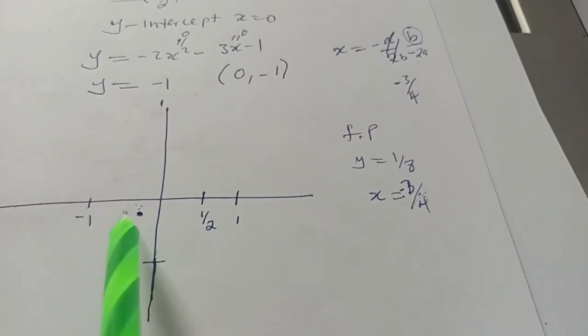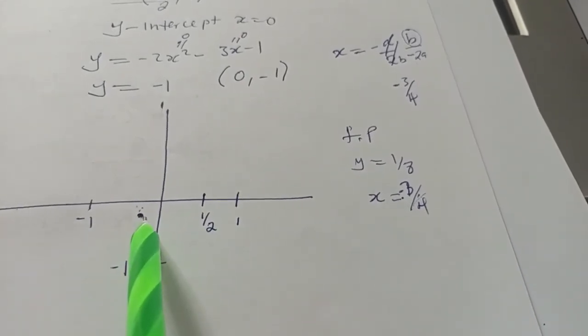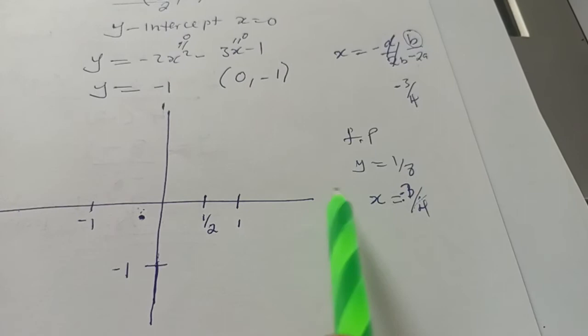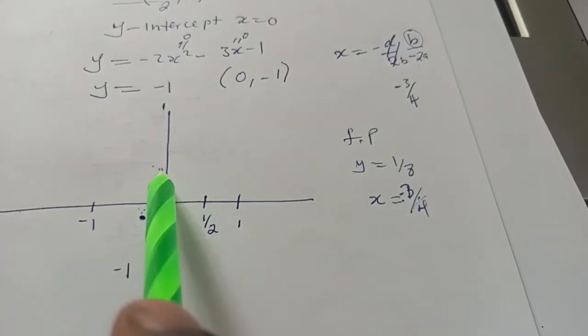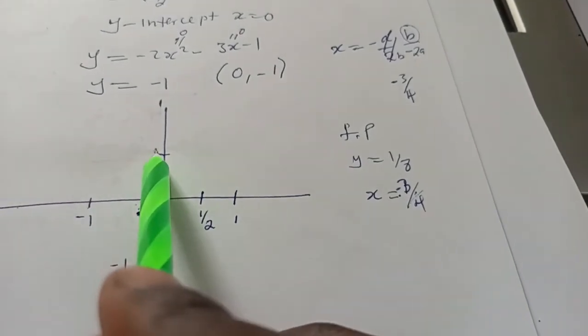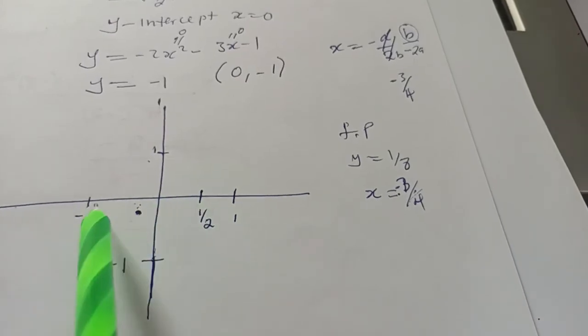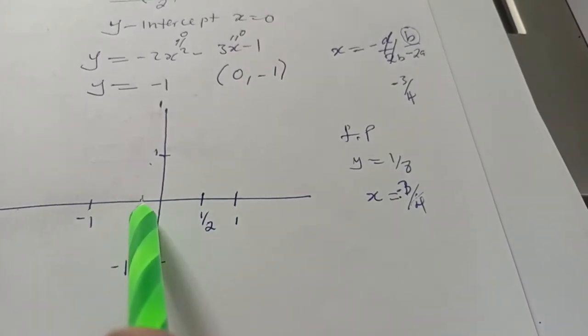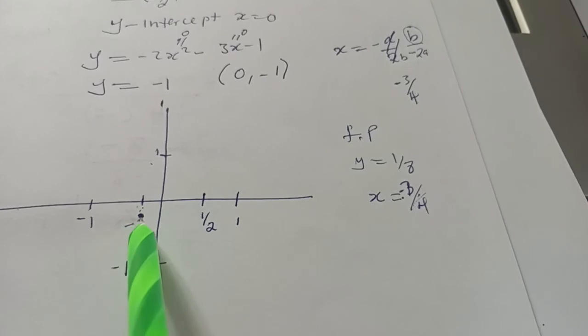Negative 3 over 4 is somewhere here, because this is 1 here. So it is negative 3 somewhere here.